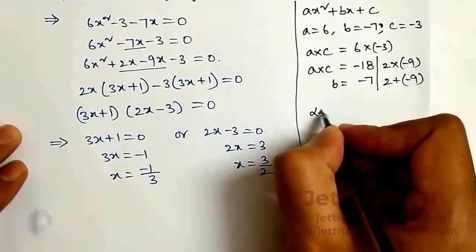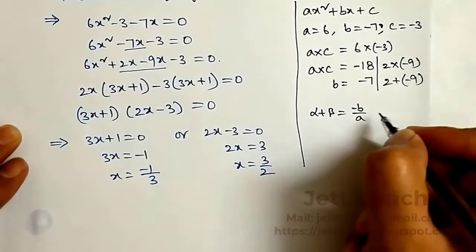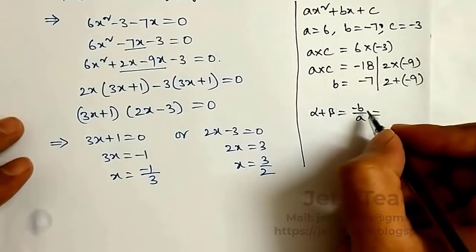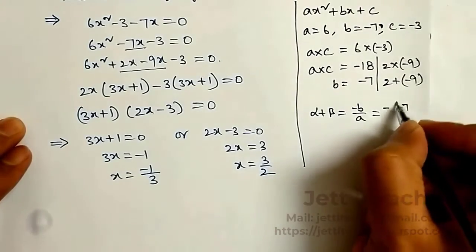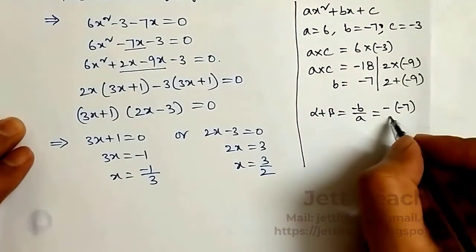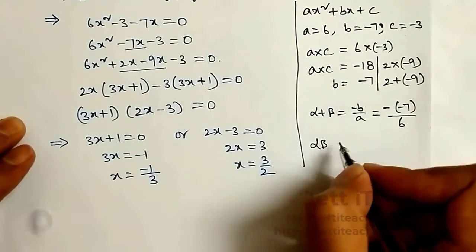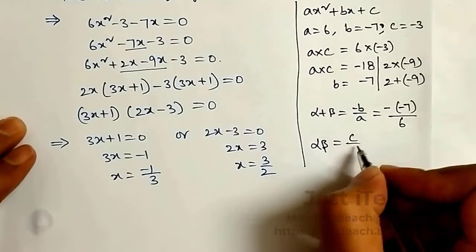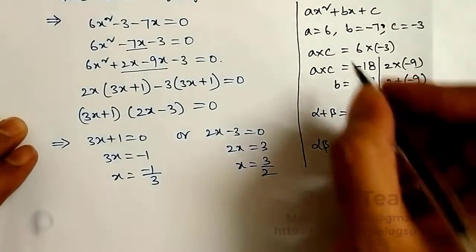Now you know, alpha plus beta is equal to minus b by a. What is minus b? Minus b is 7, right? A is 6. The product of zeros by formula is c by a, minus 3 by 6.